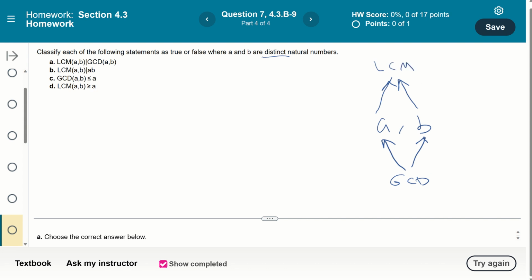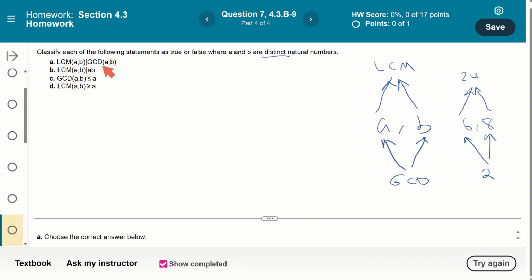So as we've seen, for example, with 6 and 8, as a simple example, the GCD is 2, whereas the LCM, if you recall, is 24, for instance, right? So generally speaking, the LCM is going to be a larger number than the GCD.